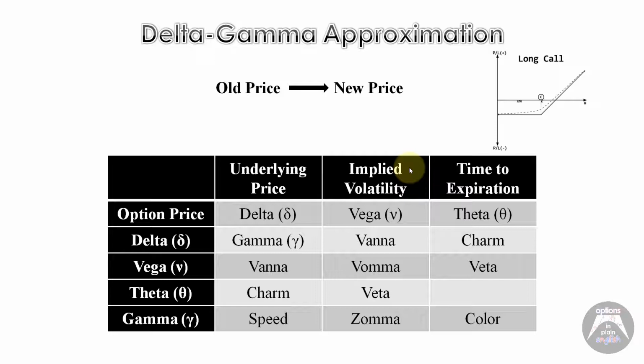In this case, we're going to focus on delta, vega, theta, and also gamma, because if the price change is sufficiently large, it is going to affect the delta itself. So we need to make sure that we have a delta that represents the average where this move happened.